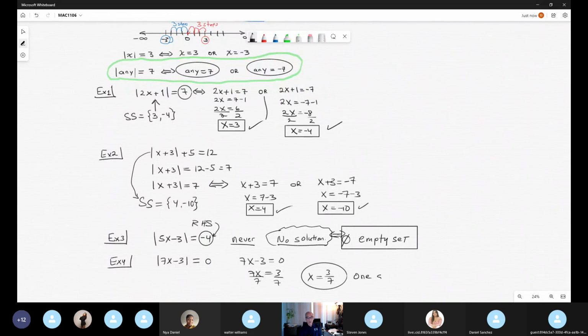One solution. Guys, I have been teaching this part 3,000 times. And some students make this mistake. Suppose absolute value of 2x plus 1 equals 7. Now some students, I don't know why, erase the bars and solve this equation. And of course, when you solve this equation, the answer is 3.